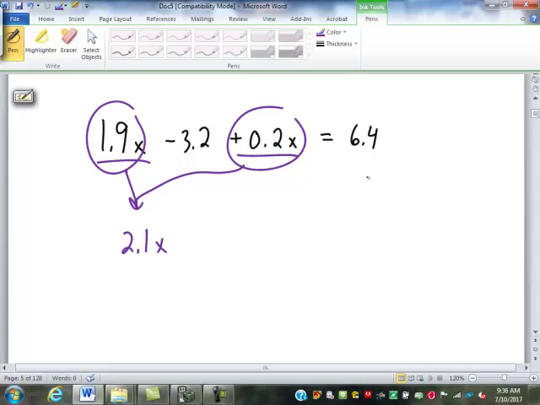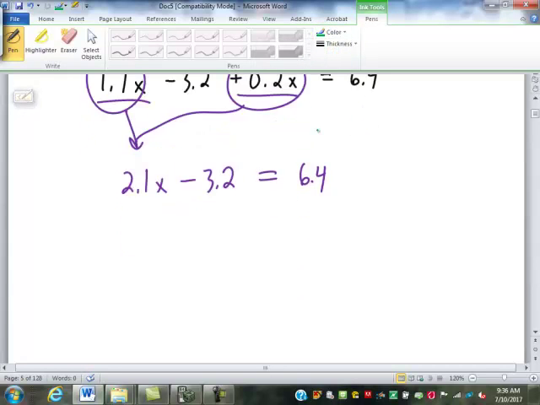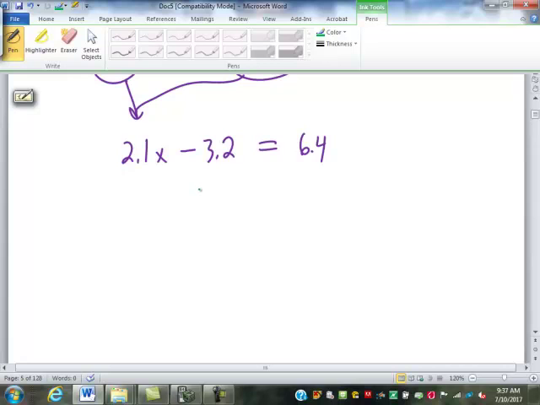What else is still there? Negative 3.2 equals 6.4, yes. And what is next? Add the 3.2.